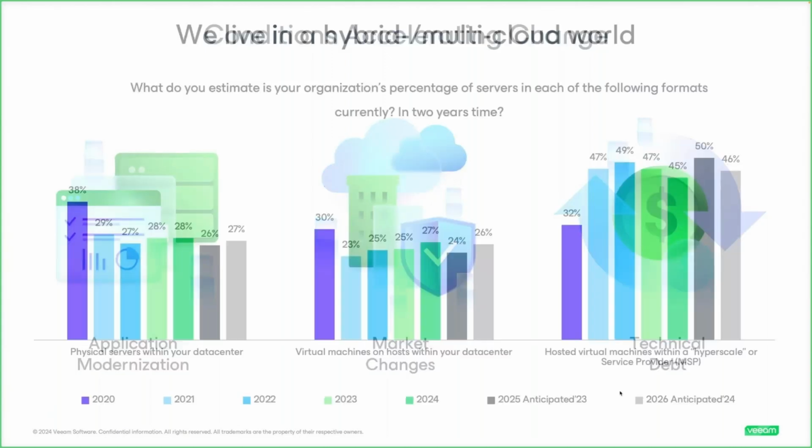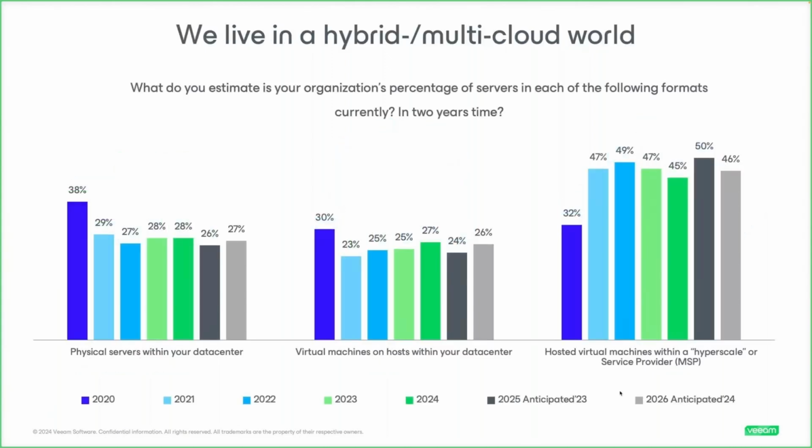Now, with these changes, it ultimately lands us in this hybrid and multi-cloud world. And I love this graphic, this chart. It's from our data protection trends report in 2024, so the most recent one. And we've been running this for 4, maybe even 5 years now. So it gives us a real nice look at trend lines as our infrastructures and platforms that we use evolve over time.